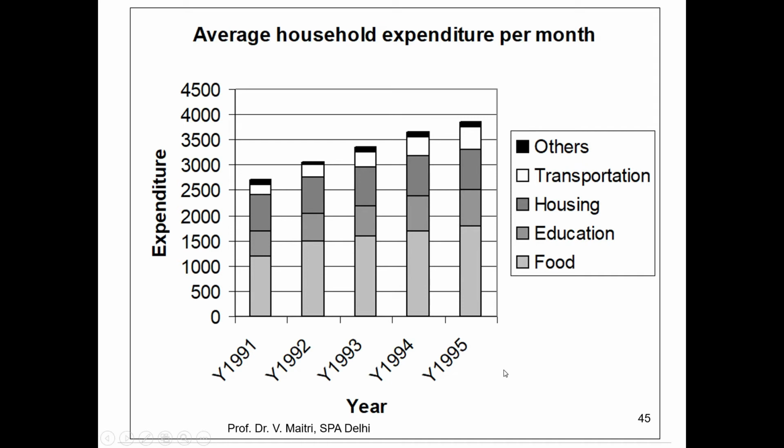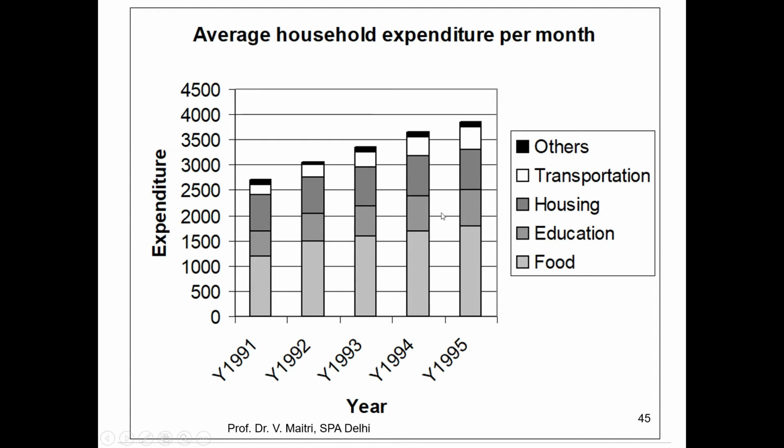So just see, I can very easily conclude that expenditure is increasing in most aspects, but on food it increased at a great rate. The food expenditure difference is more.